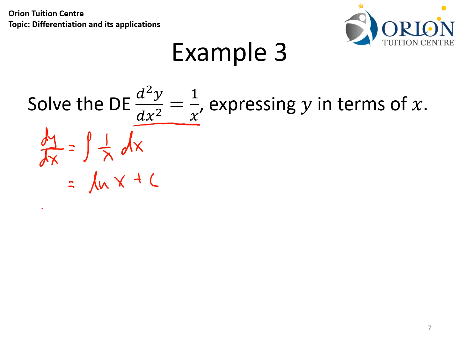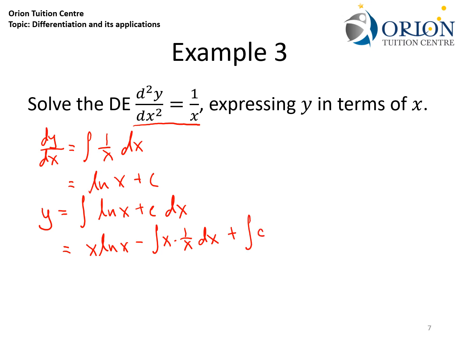Next, y will be equal to the integral of (ln x plus c) dx, which we can integrate using integration by parts for ln x to give us x ln x minus the integration of x times 1 over x dx, plus integrating c dx. And thus, this gives us x ln x minus x plus cx plus d.